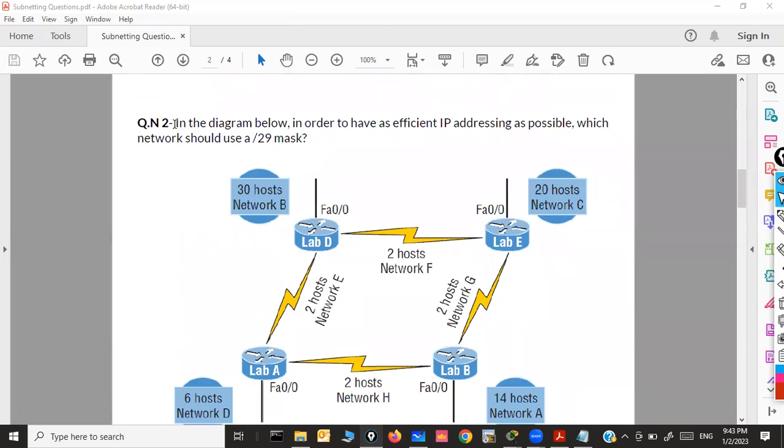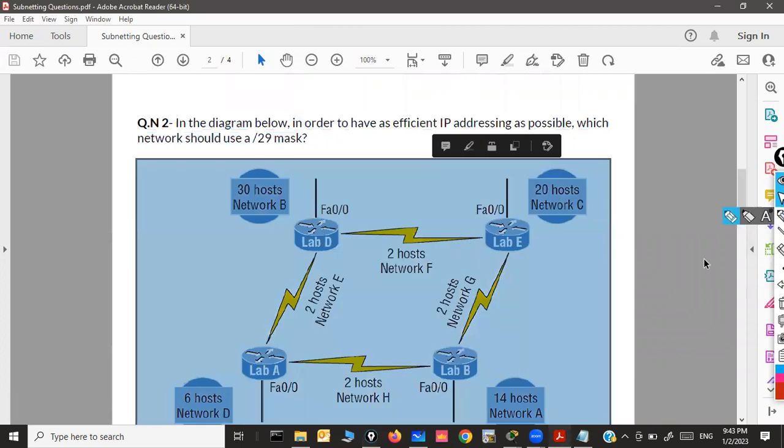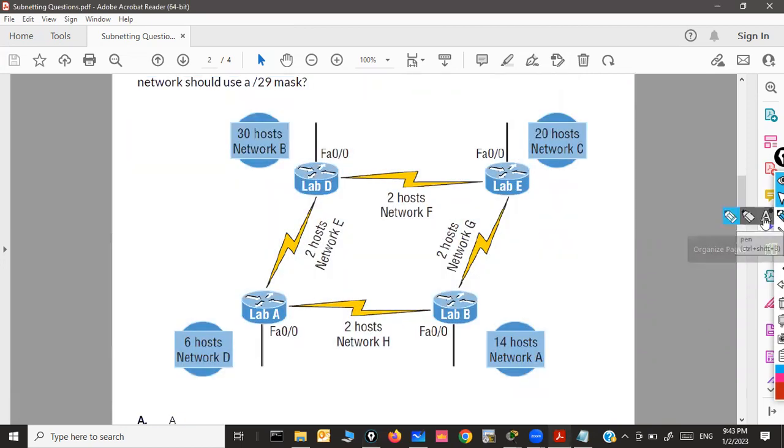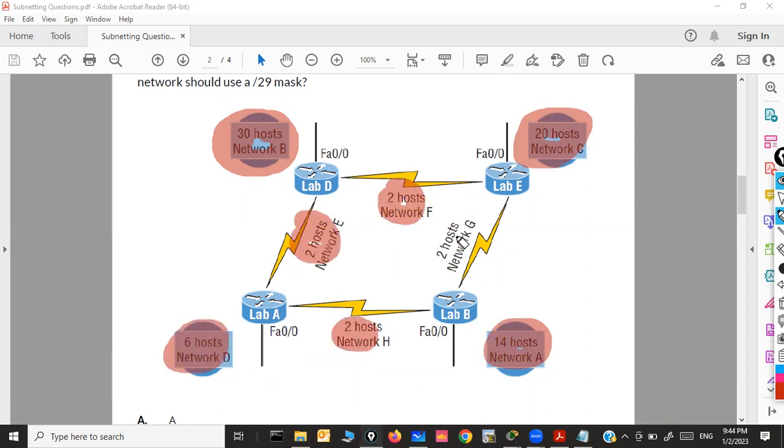In the diagram below, in order to have as efficient IP addressing as possible, which network should use a /29 mask? So here, the clue is that there are different networks, and in this small network, 30 hosts or 30 IPs are required in network B. Here, 20 hosts, 14 hosts here, maybe 6 hosts, 2 IPs, 2 IPs, 2 IPs.